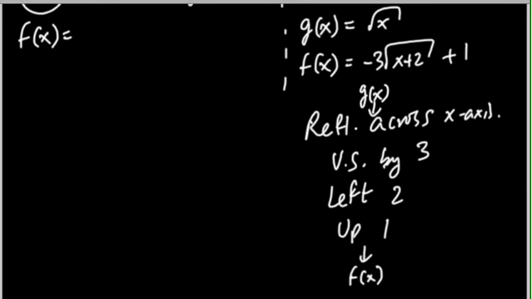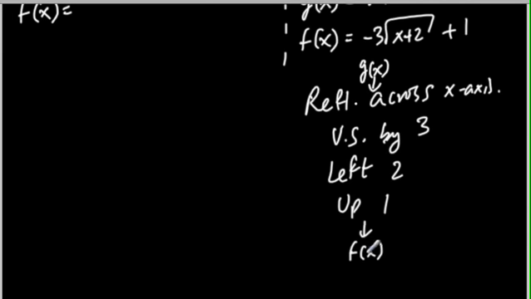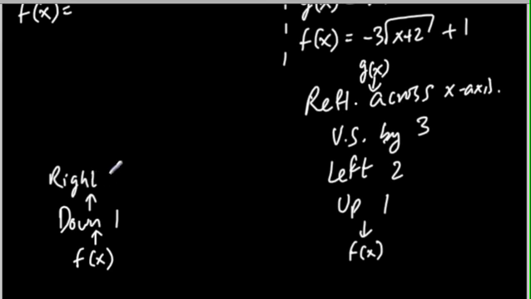Now imagine what we're trying to aim for is we're trying to go from f to g. Okay? So imagine if you were to go from f all the way back to g. So you would have to do the reverse process. So you basically moved up in order to get to f of x. So you'd have to go down 1. You move left 2, so if you're doing the reverse, you have to go right 2.